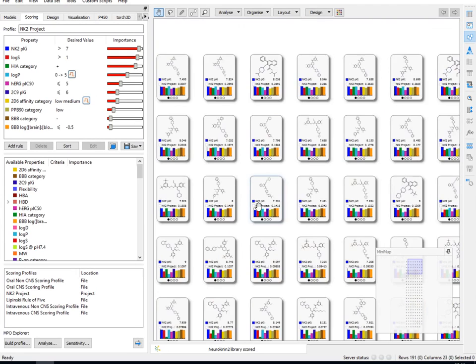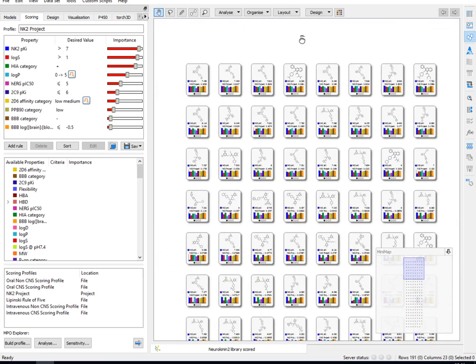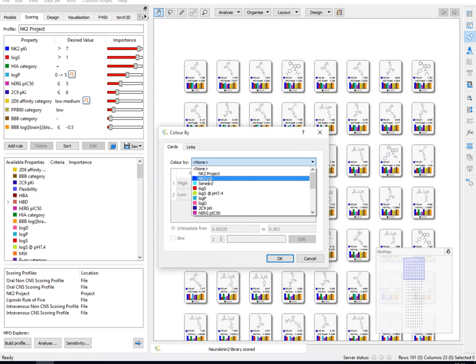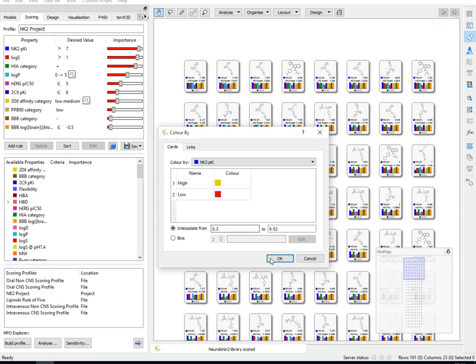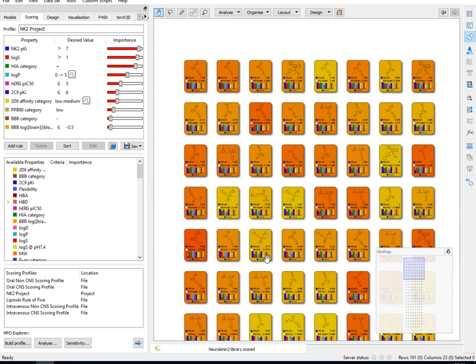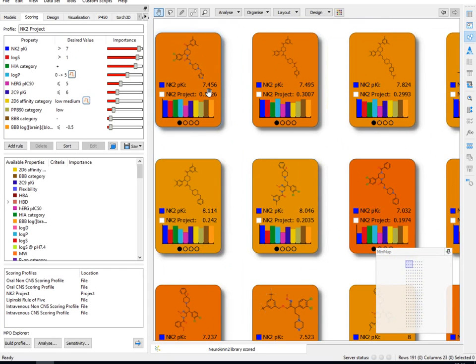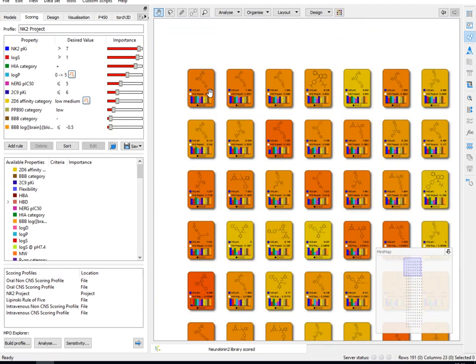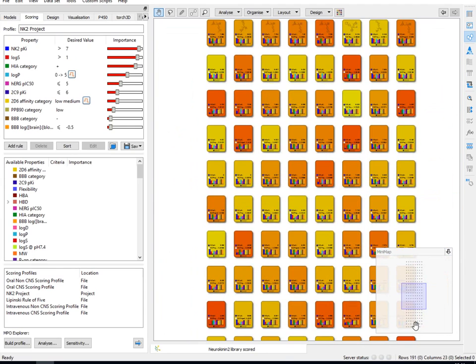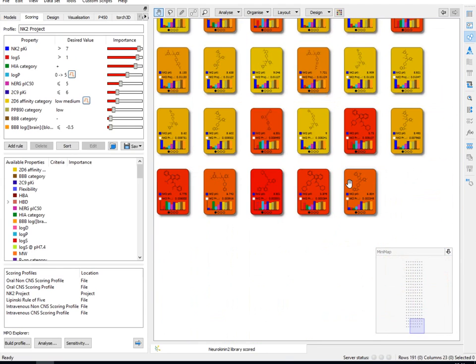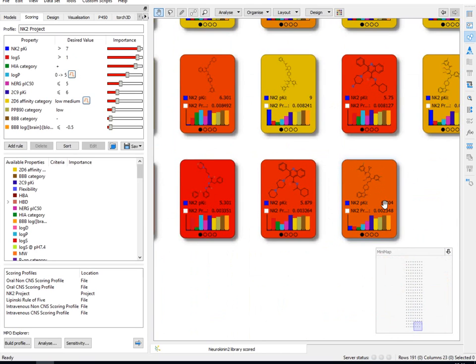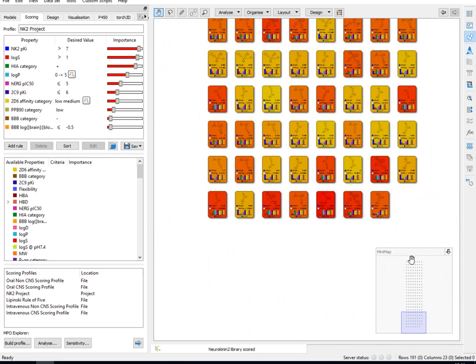And just to show you, I'm going to color these by the potency, from the highest in yellow to the lowest in red. And if you click OK, just to point out, the compound in the top left is my highest scoring, whereas the one down in the bottom right is the lowest scoring. So it's sorted in order.